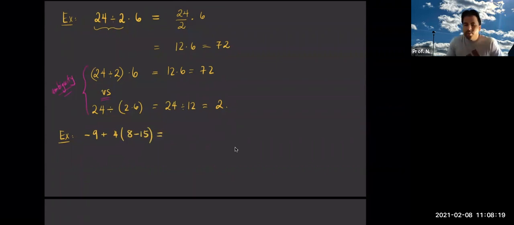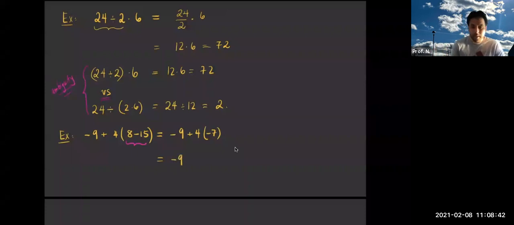So the first thing we do is what? 8 minus 15, that's right. So 8 minus 15 would be what? -7. And then the next thing we have to do is multiplication. 4 times -7 becomes what? -28.